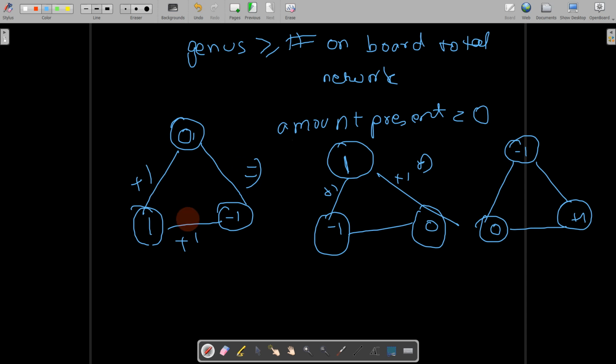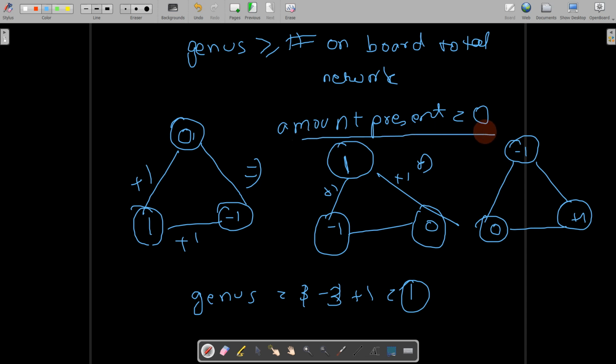Let's see what the genus value of this board is. The genus value is edges, 1, 2, 3, minus vertices, that is 3, plus 1, that is 1. So you need a minimum of $1 on the board, and the amount present was 0. So let us put $1 on this board.